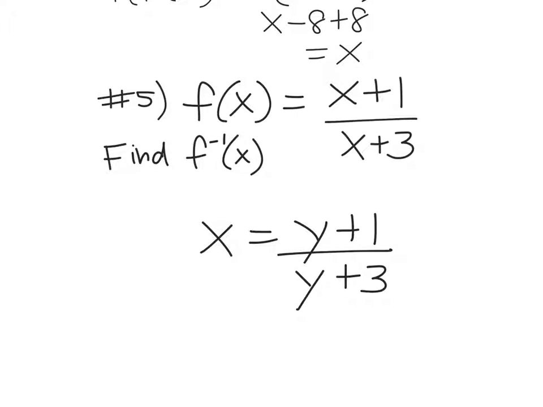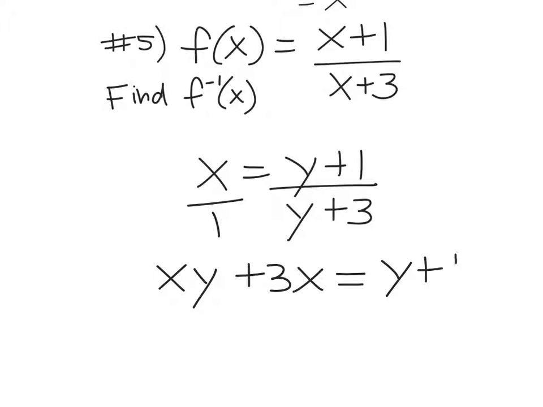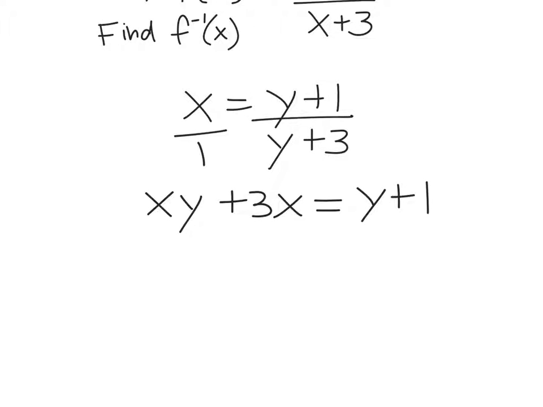So x and y switch. And now we have to solve for y. And this is tough. Solving for y when y is separated like that, it's not easy. So let's do this. We're going to now cross multiply. So you get xy plus 3x equals y plus 1. And then what you want to do is you want to get your y's on one side and everything else on the other side.